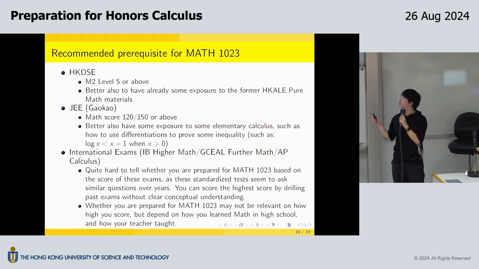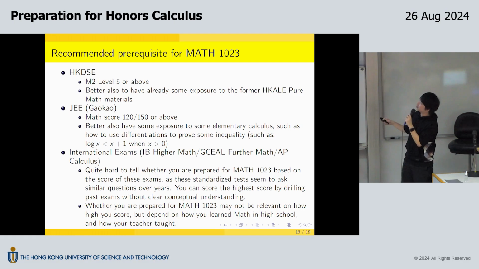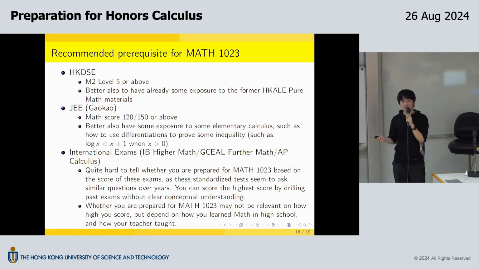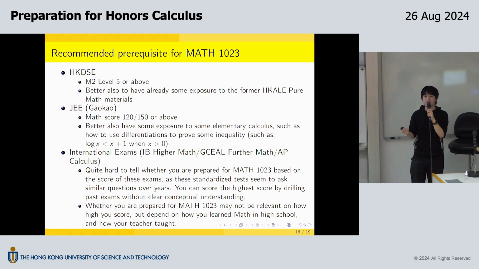Everything will be new. There are students who achieve level 5 double star in M2 and core math, but had a C grade in Math 1023. So be humble to the honor calculus course.